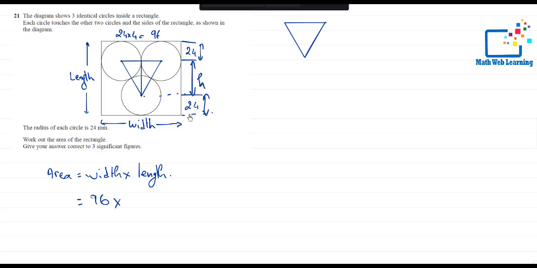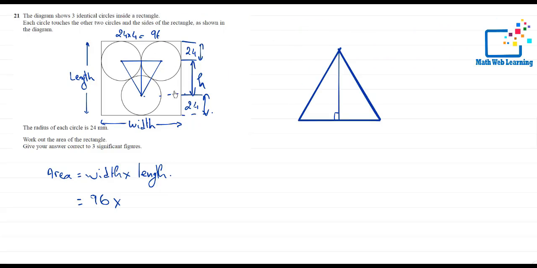So we've got a radius at the bottom, a radius at the top, and the height in the middle. Now how do I work out the height? That is the key for this exercise.